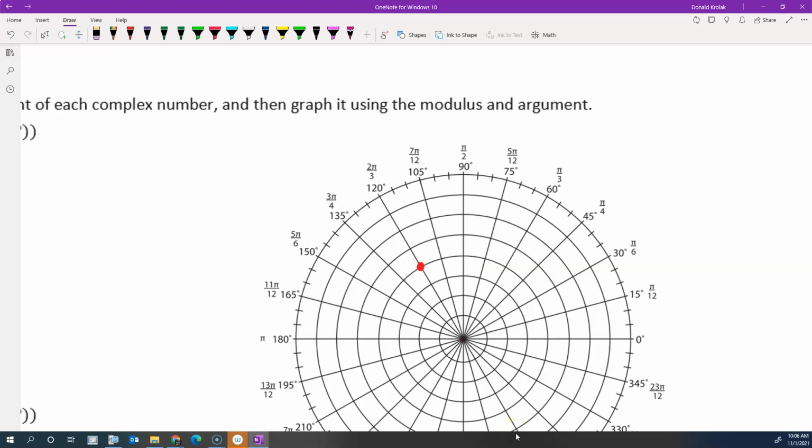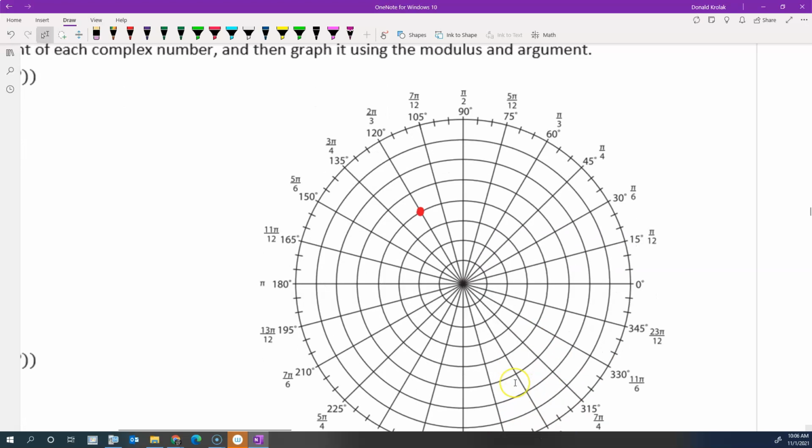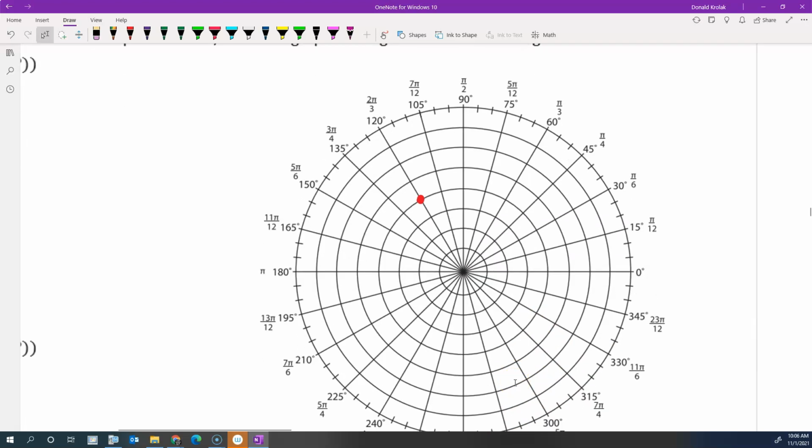A radar screen is similar to polar coordinates, except the 0 is on the top of the screen. When you see a radar screen, this is 0, and the angles are measured that direction.